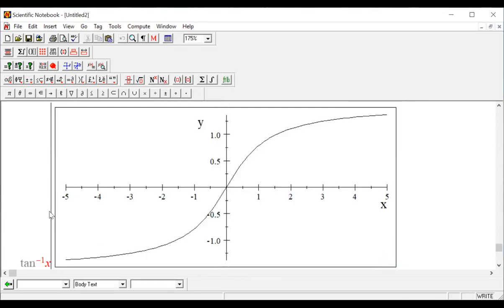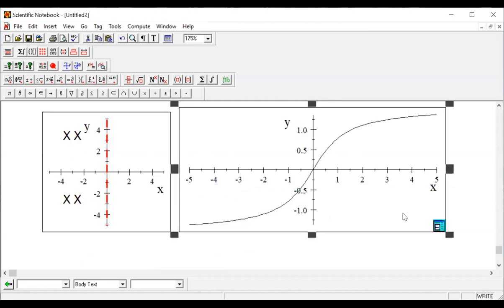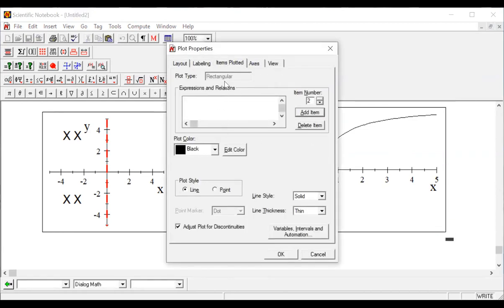Okay, I'm putting it right next to it. There's a horizontal span, a vertical span, and there are horizontal asymptotes. There are two of them.